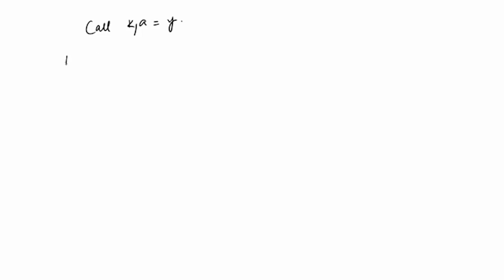And now you have k2 squared a squared equal to 2m over h-bar squared times V0 minus E, multiplied by a squared.